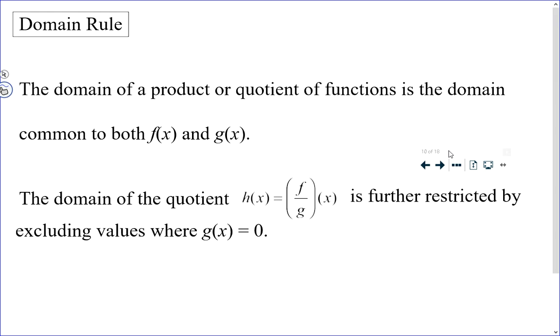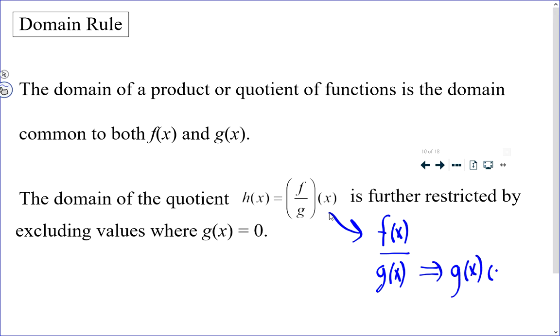This h of x equals f over g of x means f of x over g of x. Well, you're dividing by g of x, which means that g of x is not allowed to be 0. So any place g of x is 0 can't be in the domain.